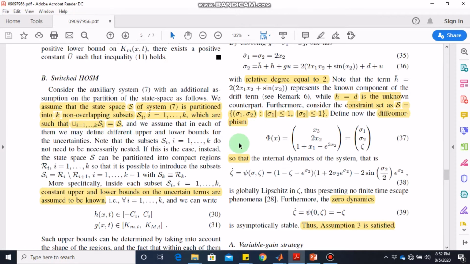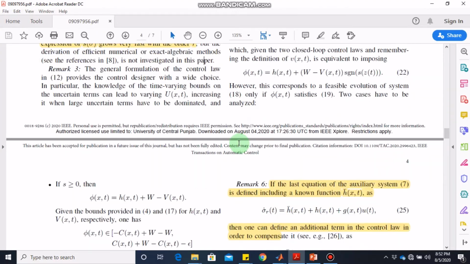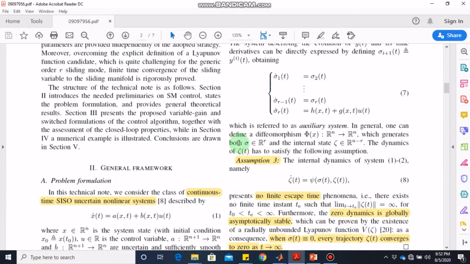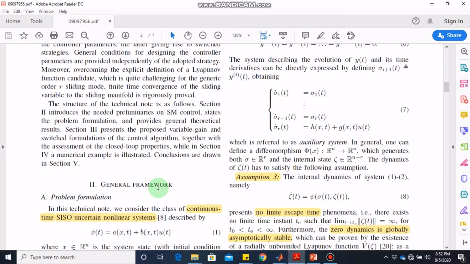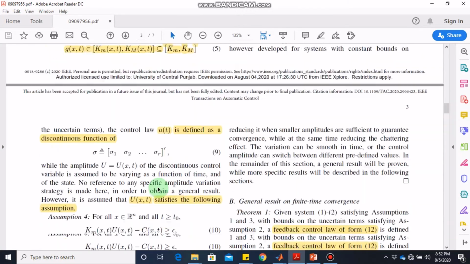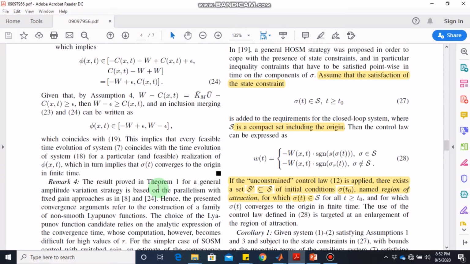So if you go to equation number 7 here, you can see that if you create a manifold out of the whole system, the sliding surfaces, there are certain partitions of the manifold which are non-overlapping, and if you take the union of all the partitions, this becomes the whole manifold.